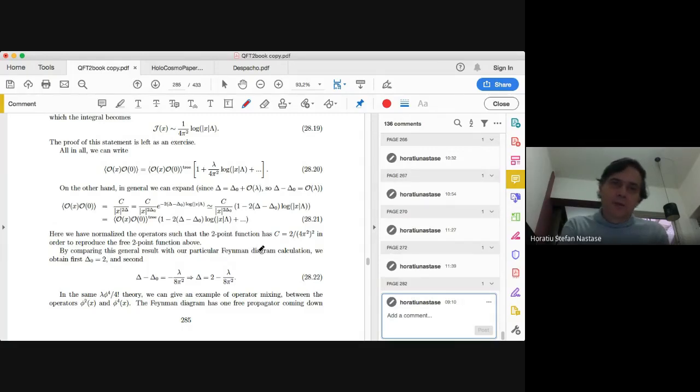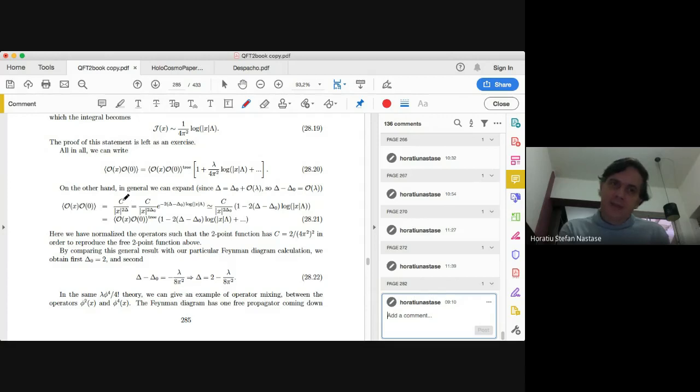So I told you that this operator is thought of as the eigenvector of the anomalous dimension matrix. So the 2-point function of the operator behaves like the 2-point function of a fundamental field.